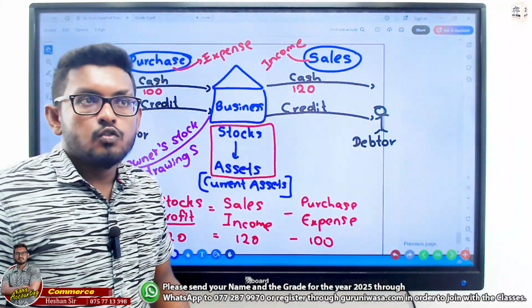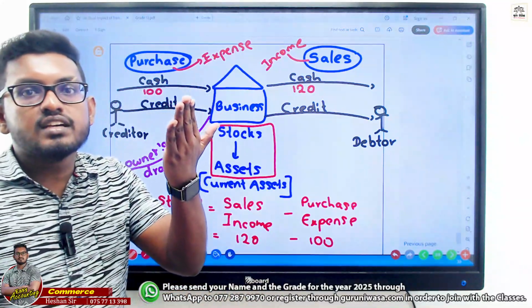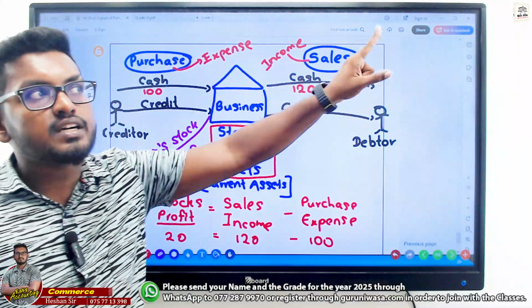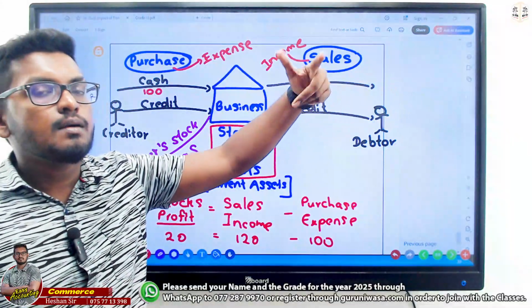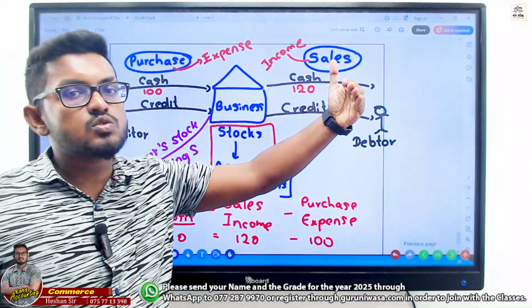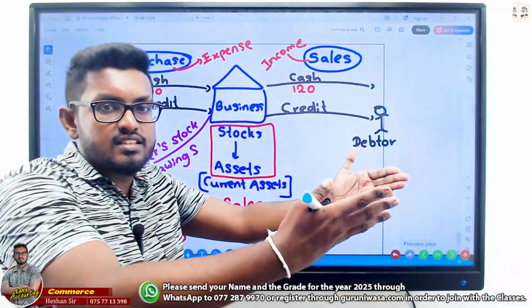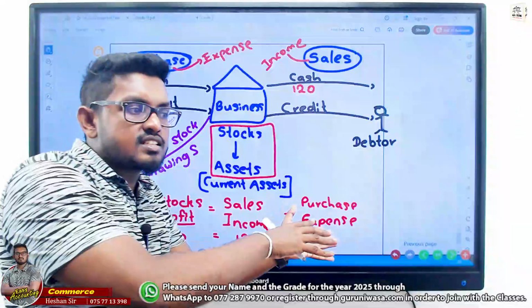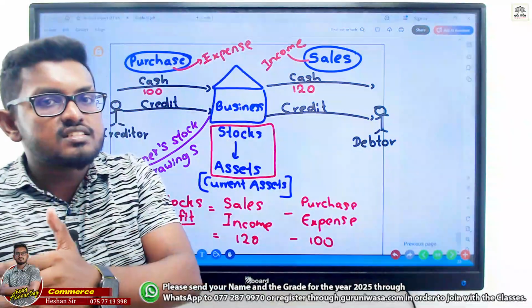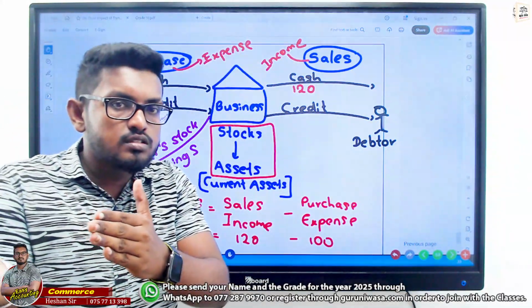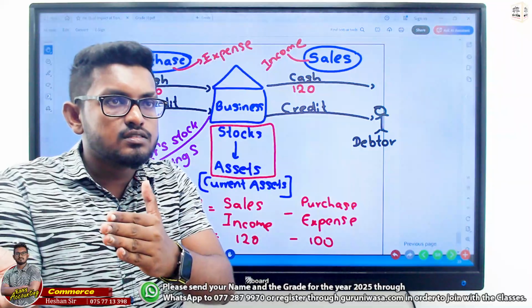Understood? When we purchase stocks, we debit to the purchase account, concerning purchase expense increase. Why? To calculate the profit earned through purchasing and selling stocks. Purchase concern as expense, sales concern as income. Understood? Can you hear me? Right?